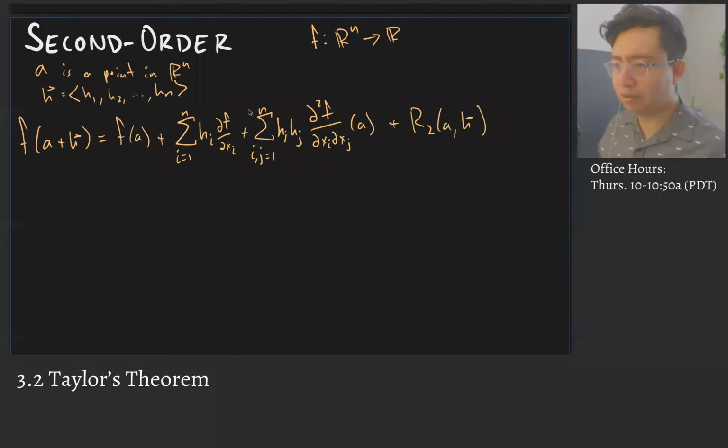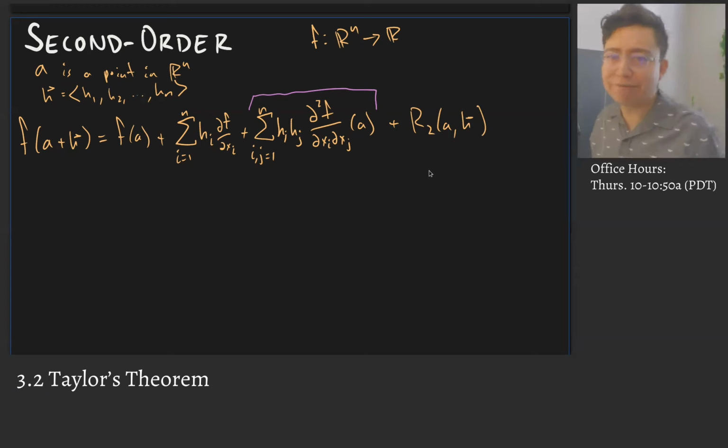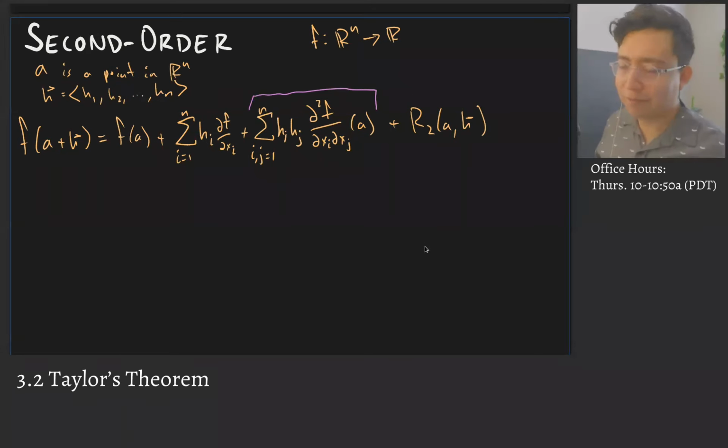Technically this R is a different R than the first order one, because these first three terms should be a better approximation. So R2 should be a different R than R1. But at this point in time, it's just notation.